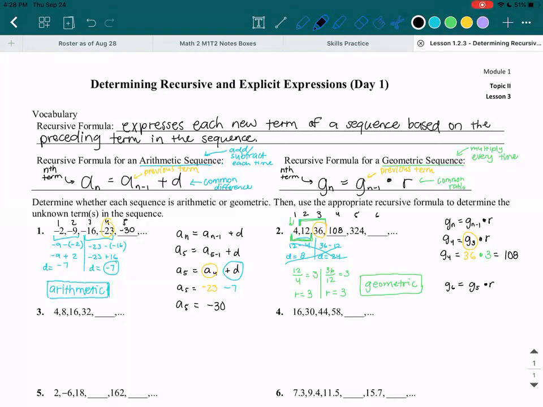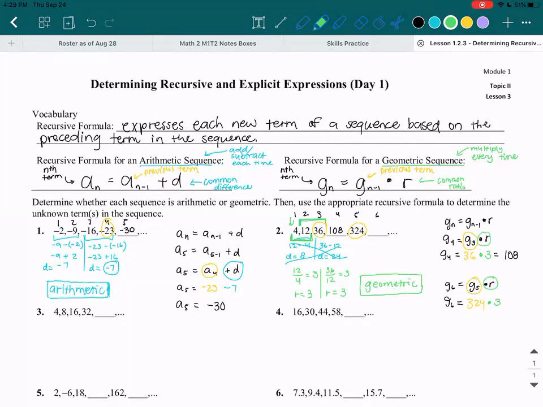Okay. And then we also want to find our g sub 6, our 6th geometric term. So that is equal to the 5th term times the common ratio. So let's see, plugging it in. I like to be consistent with my colors. So let's do that. g sub 6 is equal to 324 times our common ratio, which is 3.